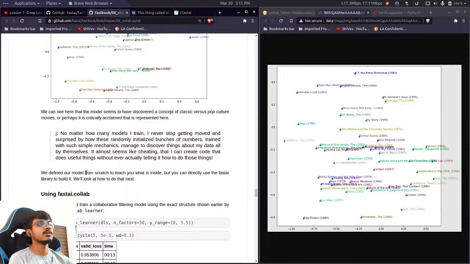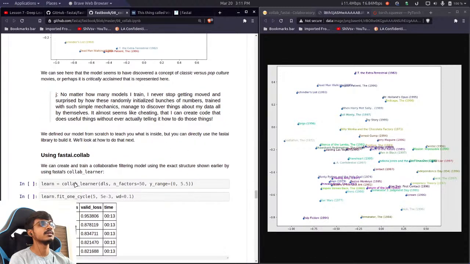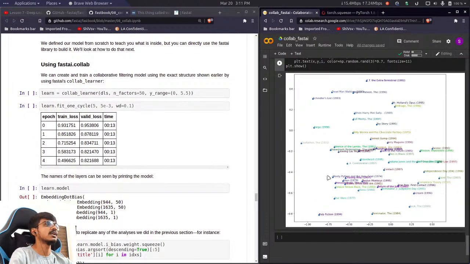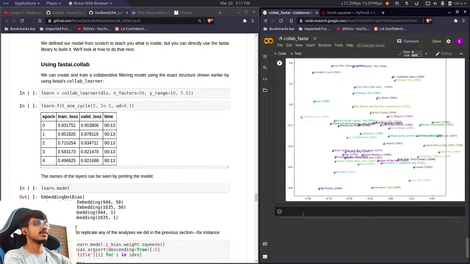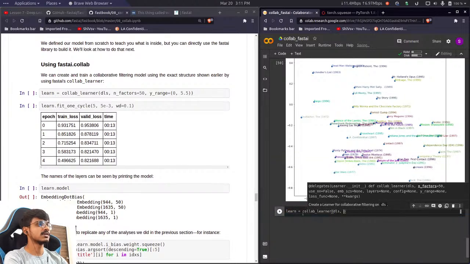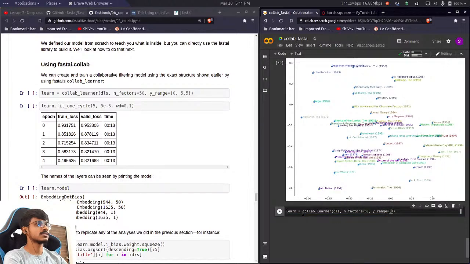We defined our model from scratch to teach you what is inside, but you can directly use the FastAI library to build it. Cool. So the FastAI library does contain this collab learner that we can directly use, just like we used the CNN learner in the previous streams for computer vision tasks. Number of factors 50, and y_range, this is for the sigmoid range.